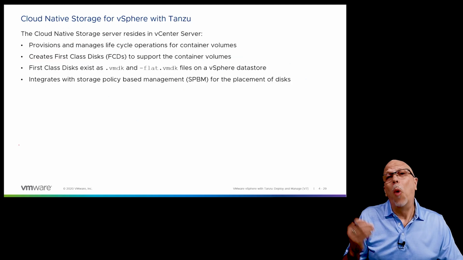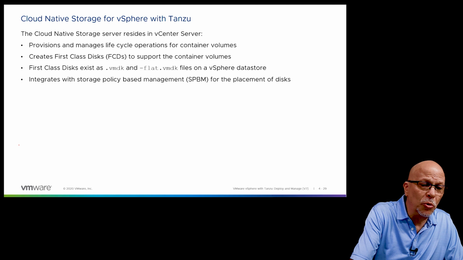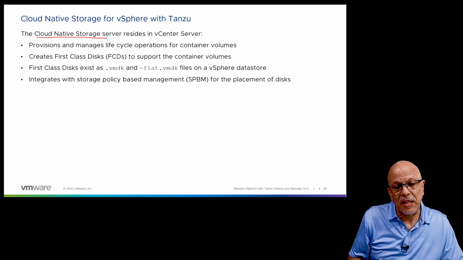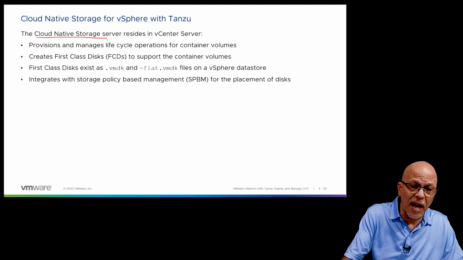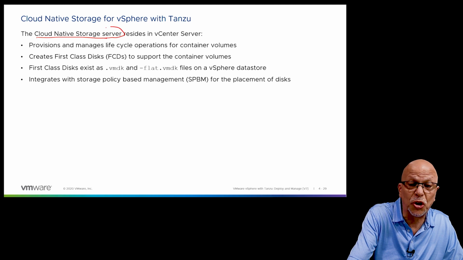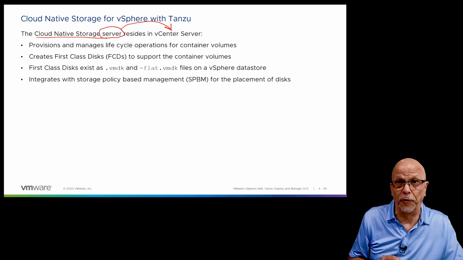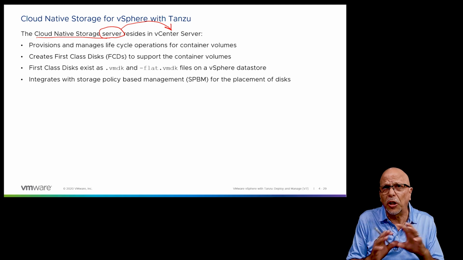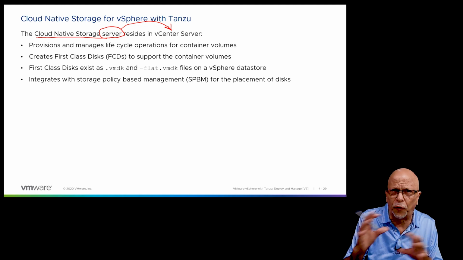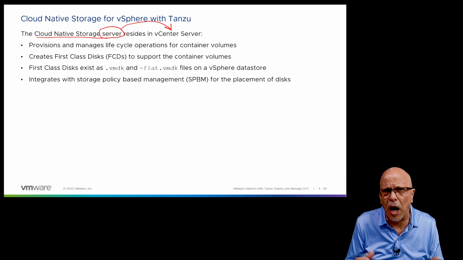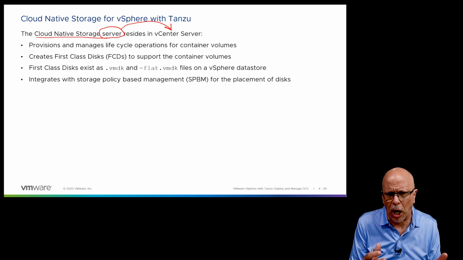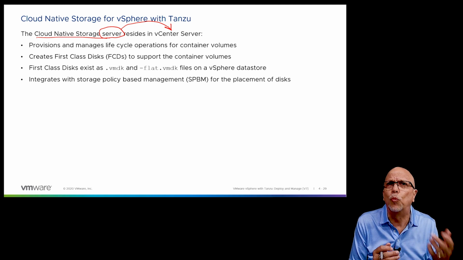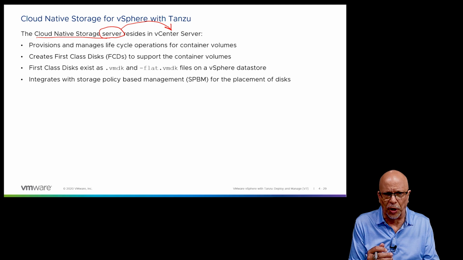So what we're doing when we use the CNS is, first of all, the CNS is a service or a server that is running on your virtual center server. And we're going to give you an architectural picture of the actual flow of everything that goes on, what components are talking to what, but the CNS resides on your virtual center server.